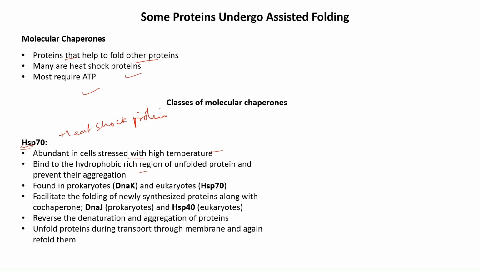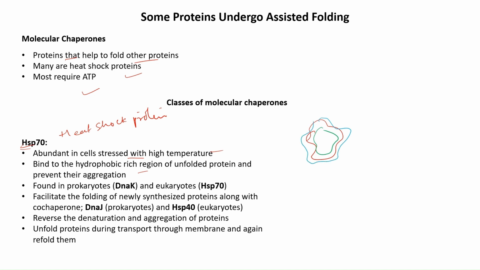Now, why the hydrophobic region? How will a cell know that a protein is properly folded or unfolded? In the case of a globular protein, we already studied that it has two sections: its interior, which is completely separated from the exterior aquatic environment, and the exterior portion, which is in contact with the aquatic environment.